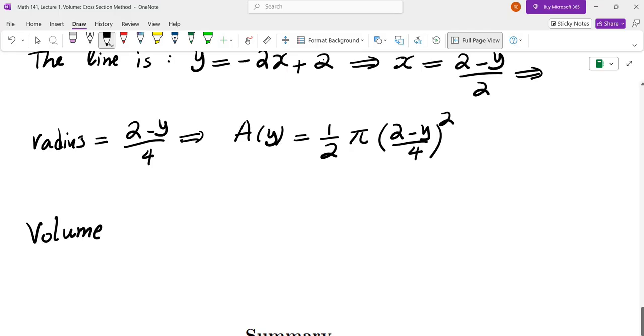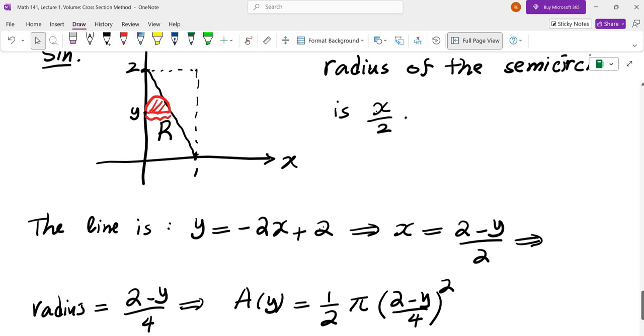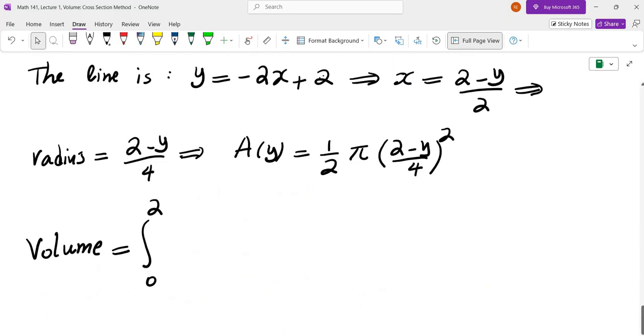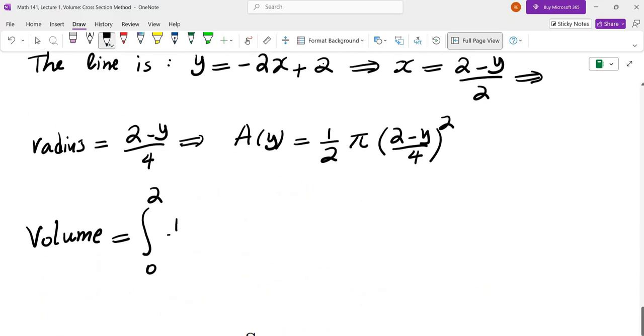So the volume would be the integral from 0 to 2, because we are doing cross sections perpendicular to the y-axis. They are going to be from 0, which is the bottom of the region, to 2, which is the top of the region, times the cross-section area, 1/2 pi (2 minus y) squared over 16, dy.